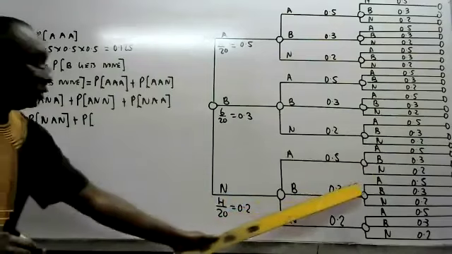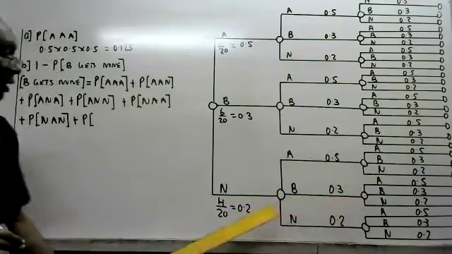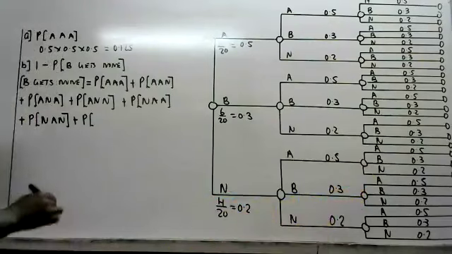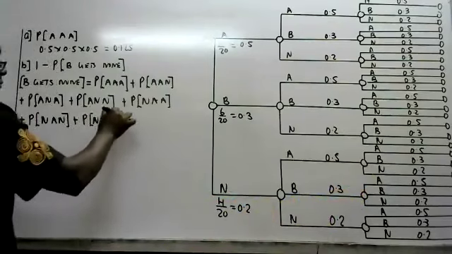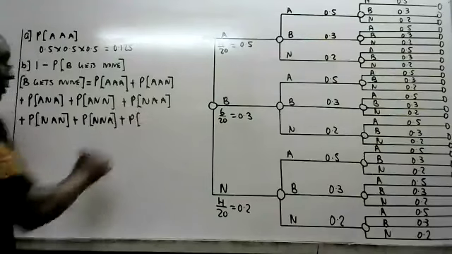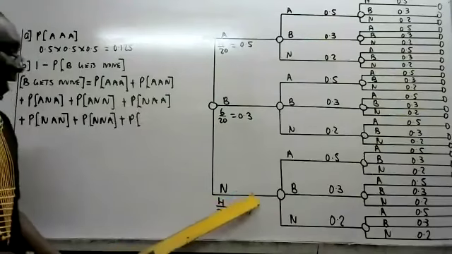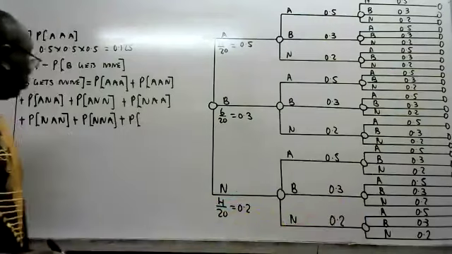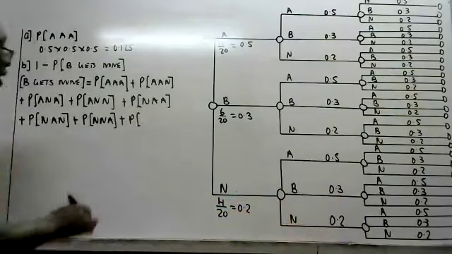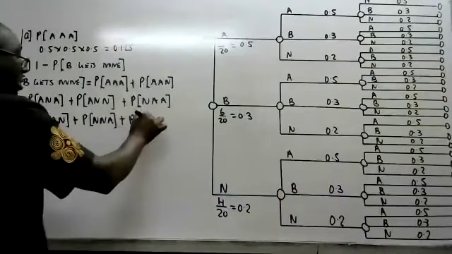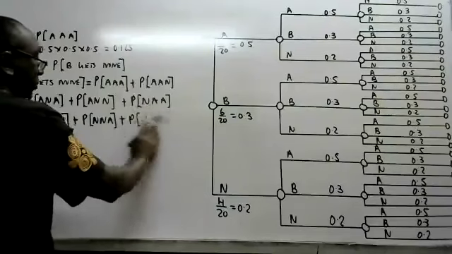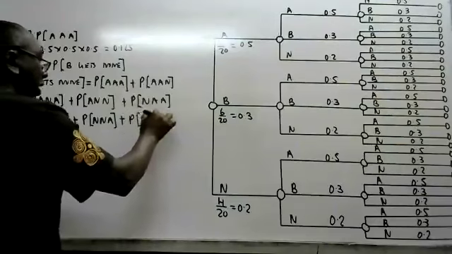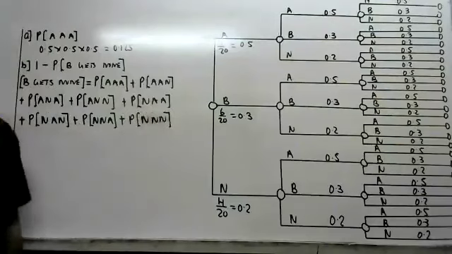So these other three that follow have a B. So NNA, plus this other one, NNA, then we have put NNN, that is N, N, N. So those are the ones that do not have B.